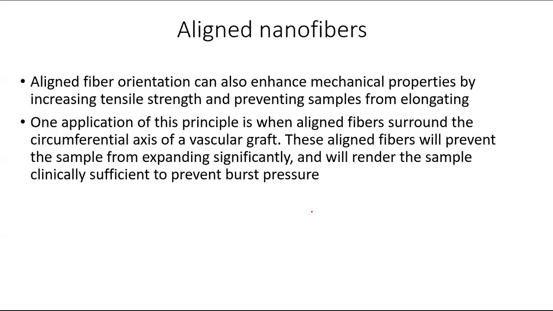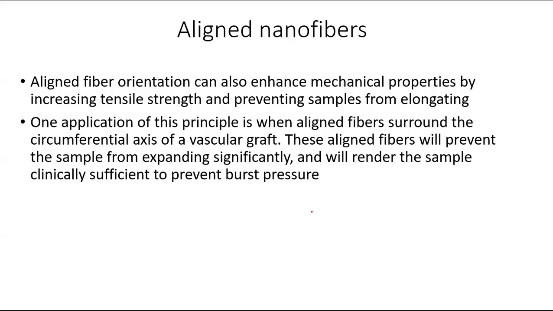Comparably, I have given you information about the aligned nanofibers. So aligned fiber orientation can enhance mechanical properties if you want to make yarns out of it, and it will improve the tensile strength and prevent the elongation of the mesh.